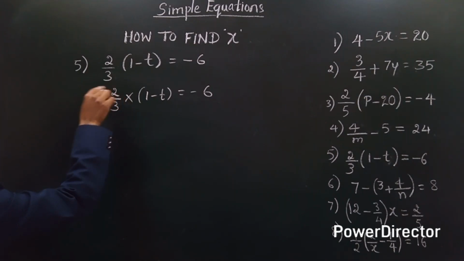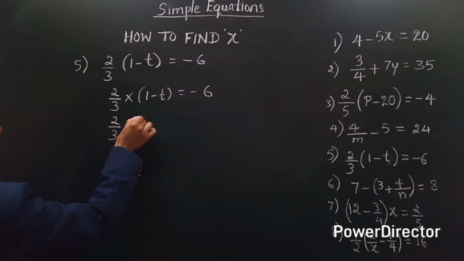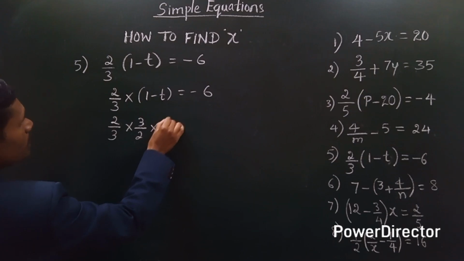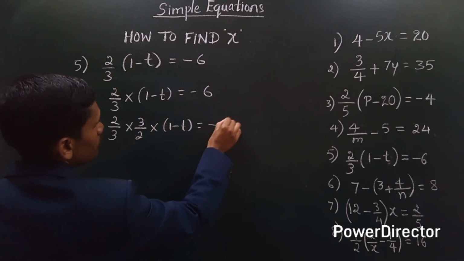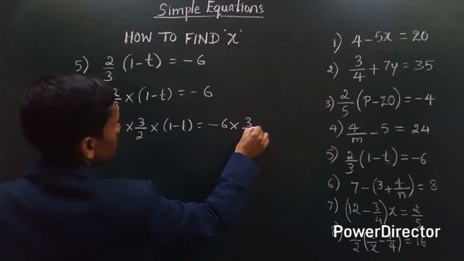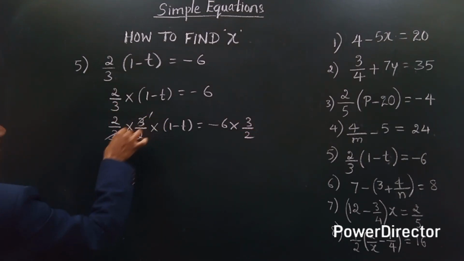Okay, now to cancel this, you have to multiply. What can you multiply here? 2/3. Here you multiply 3 by 2 with this into 1 minus t. What you multiplied, the same has to be multiplied on that side also. 6 into 3 by 2. You need to multiply here also. Now simplify. 3 ones went. 2 ones, this got cancelled.